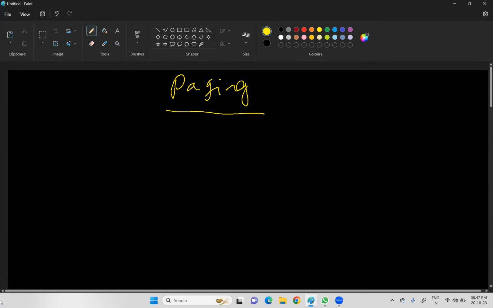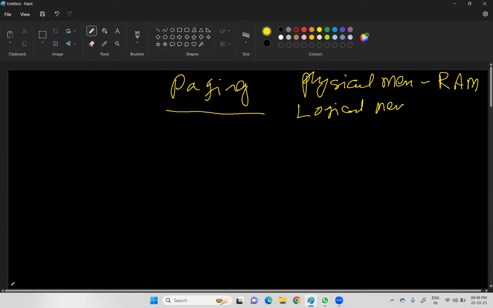Please consider that physical memory is random access memory, and logical memory means CPU generated addresses. This is memory, this is addresses, CPU generated addresses. Okay, that's what you need to consider.